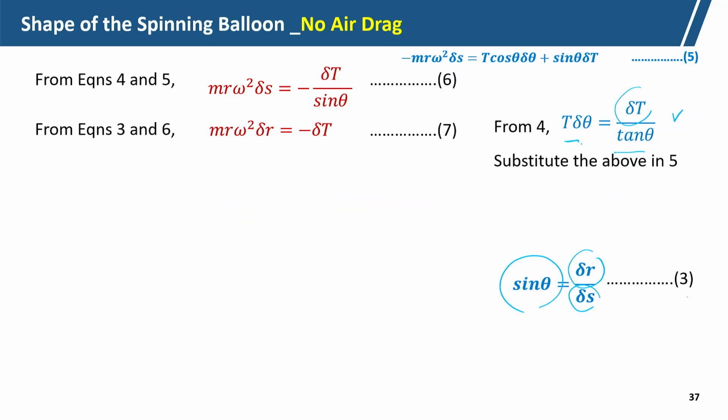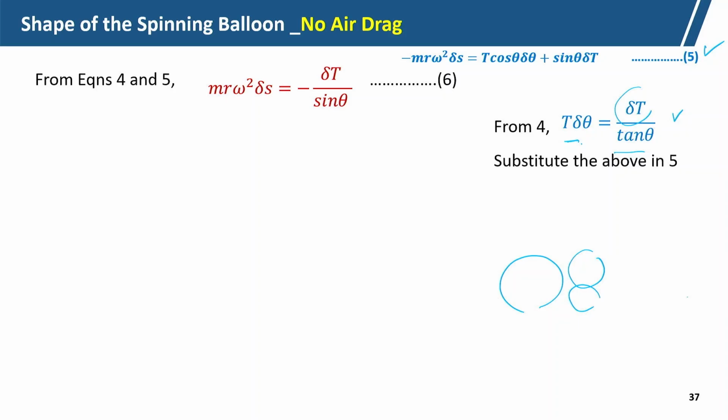What we are getting, this is equation 5. So, just a minute, from this equation 5 what we are getting, this will be T cos theta d theta plus T sin theta d theta. We can get this if we replace this one in equation number 5.